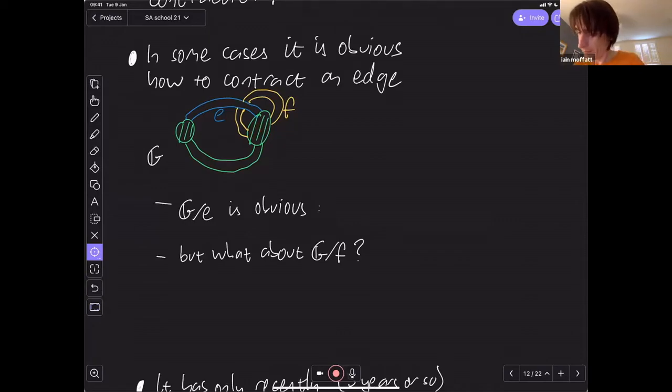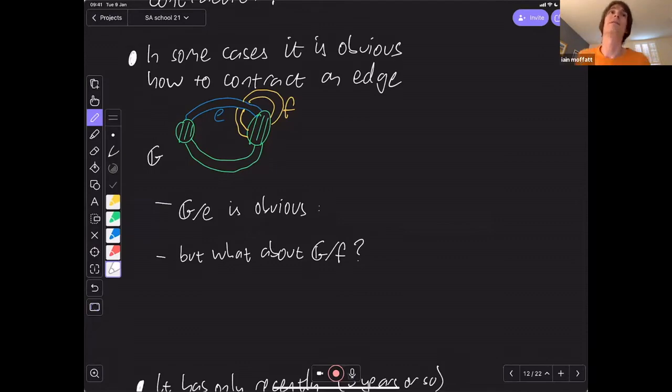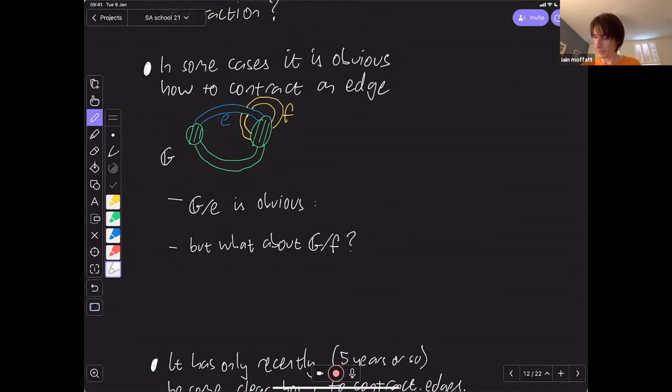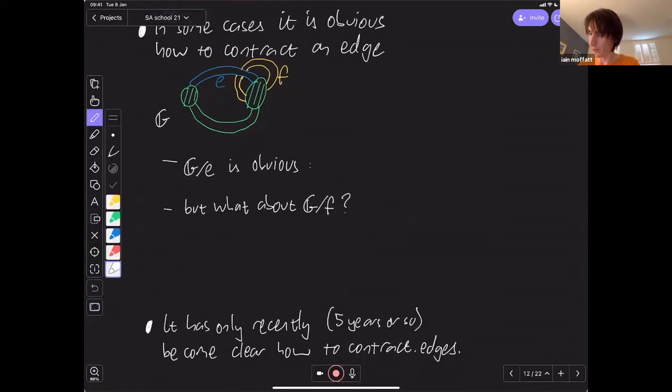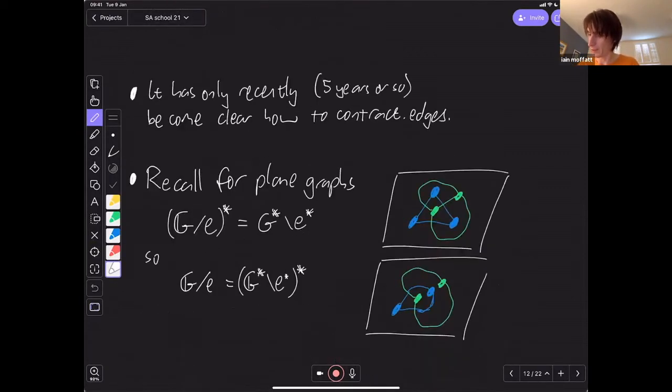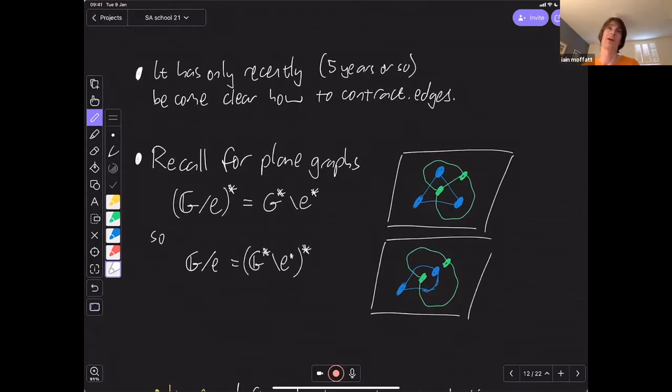So there's not really an obvious way to define contraction for ribbon graphs. And it took a while to do this. And it's only recently sort of become clear how you should contract the edges of ribbon graphs. And by recently, in the last 5 years or so. And this all comes back to this identity we had for plane graphs.